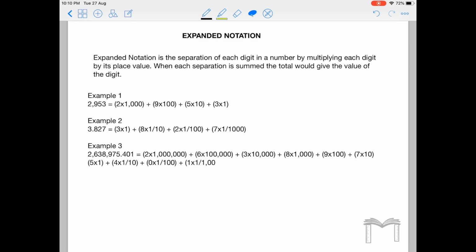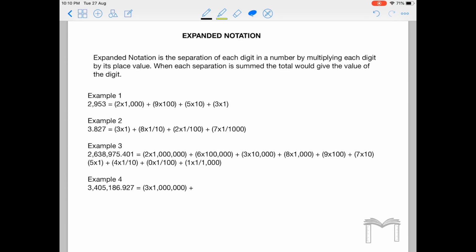The 0, we can leave that out, or we can put 0 times 1/100 because it's in the hundredths position. And lastly, 1 times 1/1000 because that 1 is in the thousandths column. And of course, we must add each bracket.